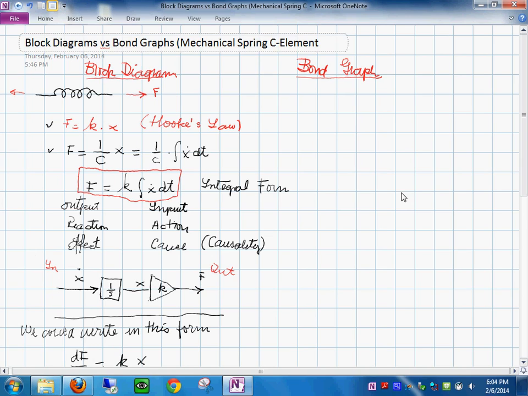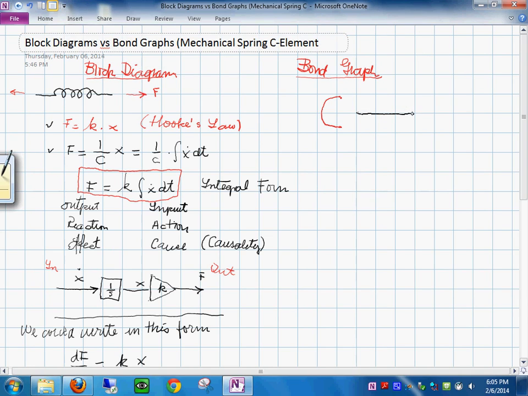Let's see. In here, now we switch our attention to the same element in here. The element that has been assigned to represent this spring is a C element. C stands for compliance element, okay? And the way bond graph models work is they have an element and they have a symbol that looks like this, okay?